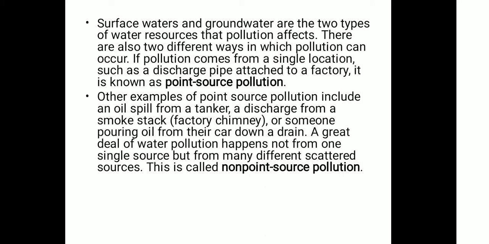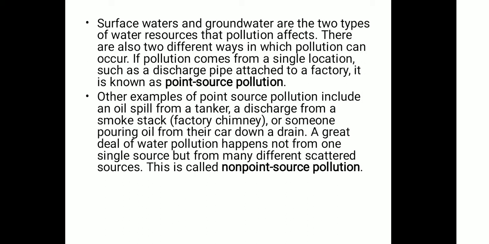There are also two different ways in which pollution can occur. If pollution comes from a single location, such as a discharge pipe attached to a factory, it is known as point source pollution. Means we have some specific, identifiable source and water gets polluted by that source.